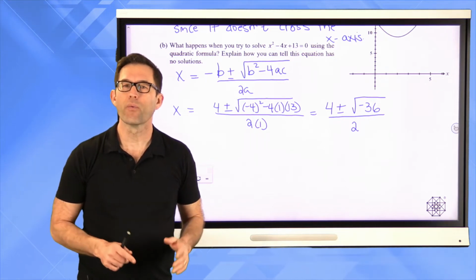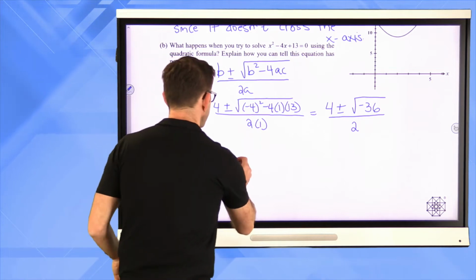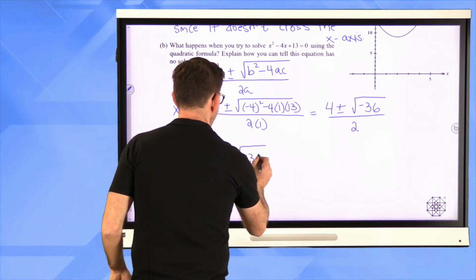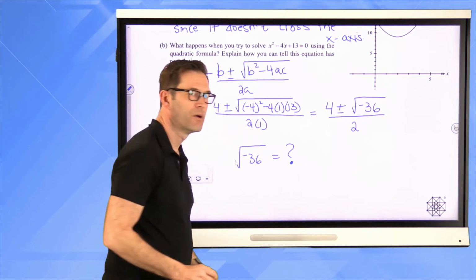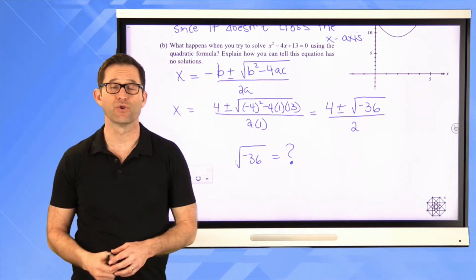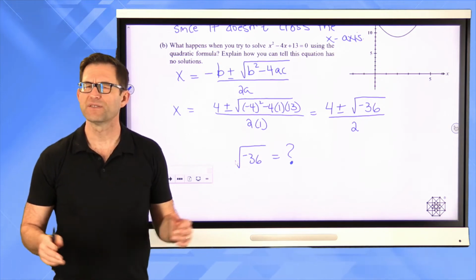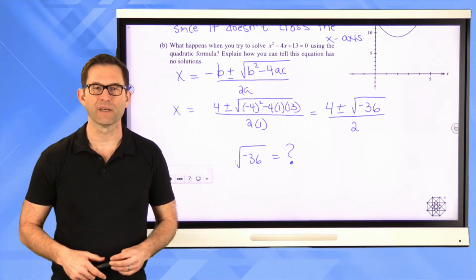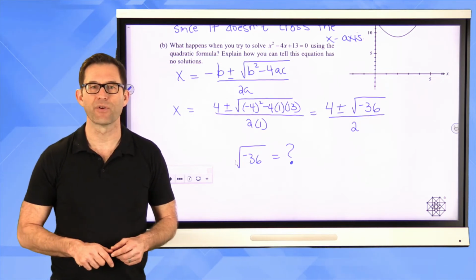Well, the real rub of it is this, the square root of negative 36, right? What is that equal to? Well, there's 2 logical choices, 6 and negative 6. But 6 times 6 is positive 36. And negative 6 times negative 6 is positive 36.